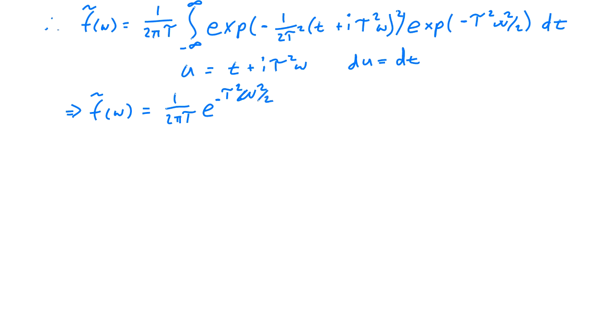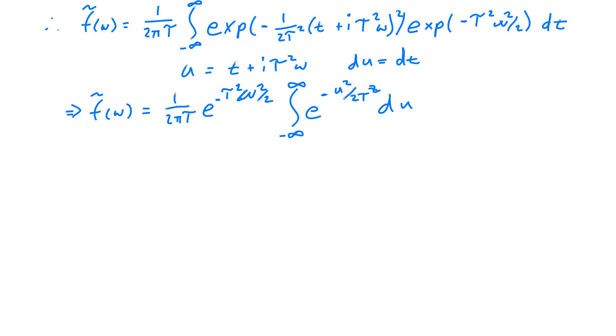And then I have this integral where it's basically going to be e to the minus u squared divided by 2 tau squared du. So that should be squared. And so you can see here that this is a very simple integral now.